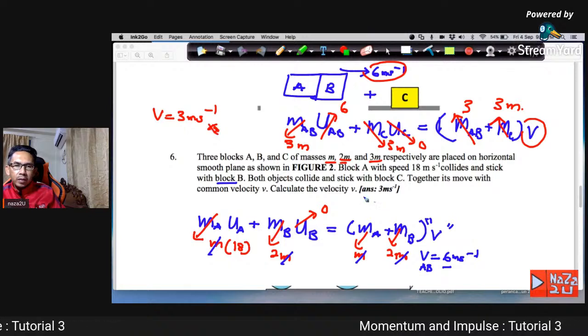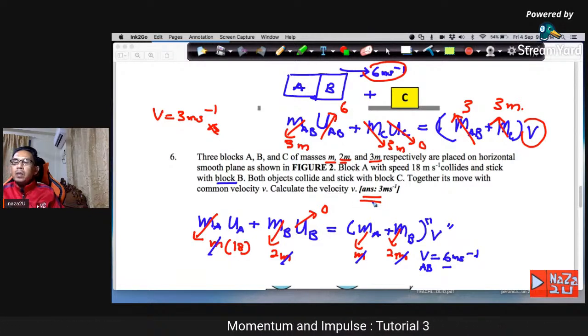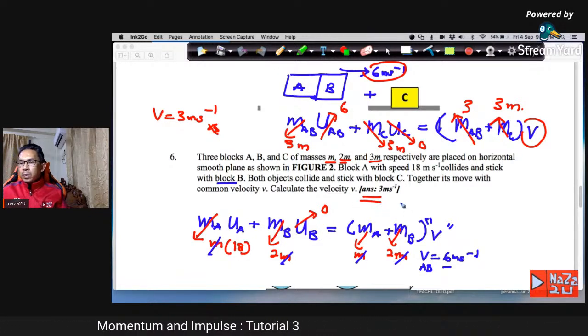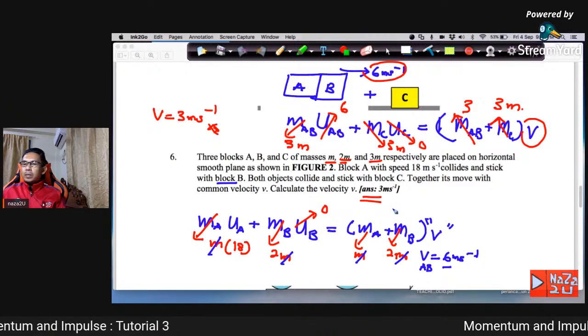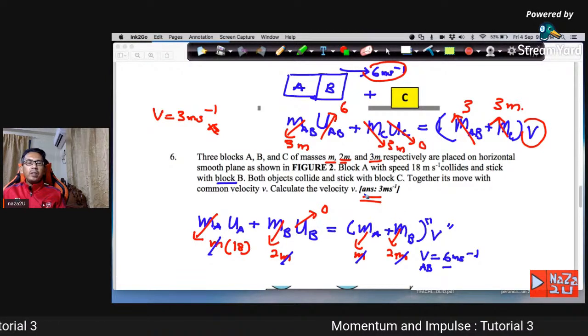The answer given by the question is also 3 meters per second, so it is correct. This is number 6.